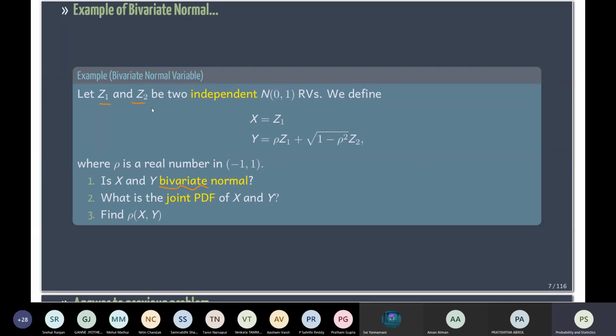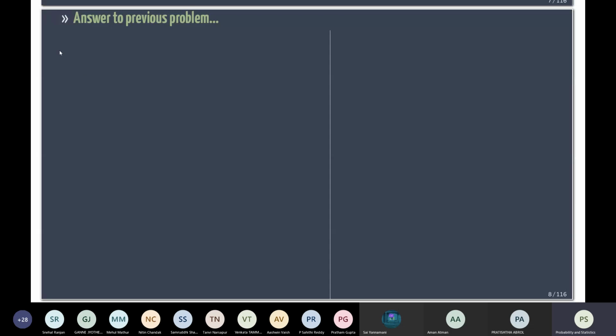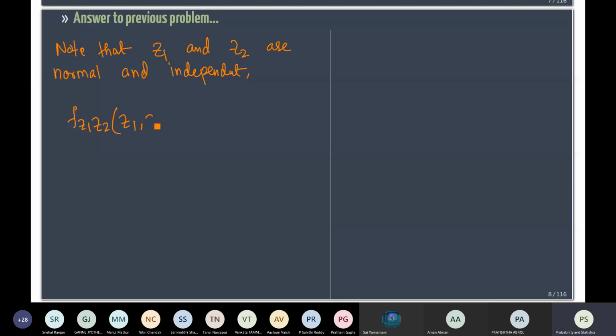So that we can immediately write down: f of Z1, Z2 is f of Z1 times f of Z2, because of the independence. The joint PDF is the product of the individual PDFs.